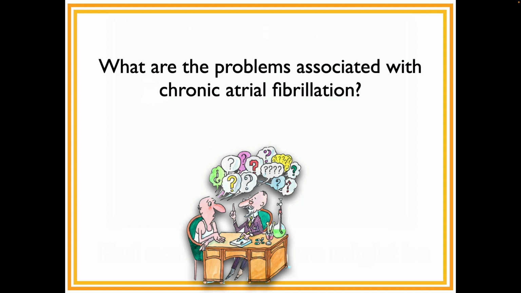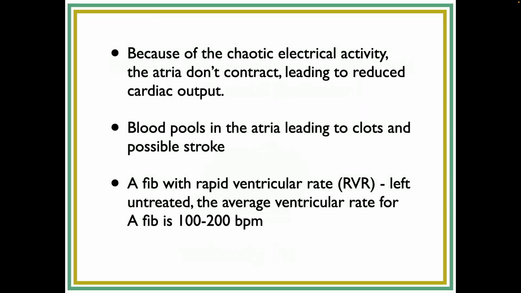Cardiac output, yeah. So first of all, there's reduced cardiac output. Remember, the atria aren't contracting. That's a problem, and blood pools in the atria. And the other thing is, here I have the average ventricular rate is 100 to 200, and I was reading this morning 90 to 170, but whatever, untreated AFib is fast.